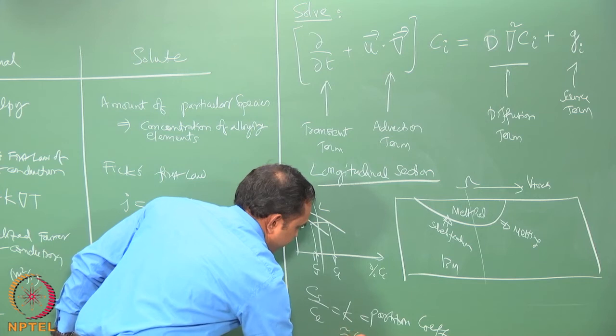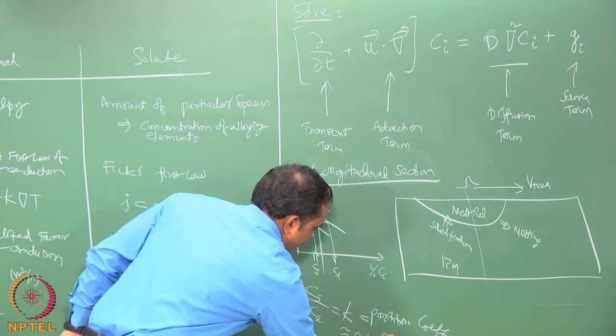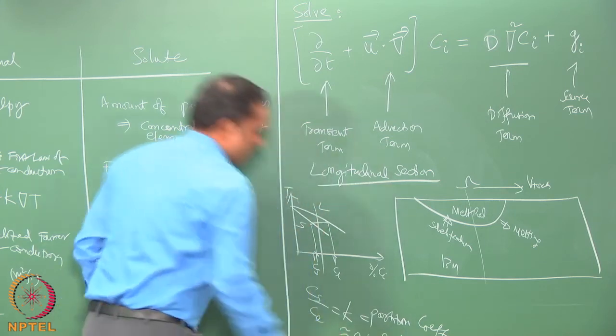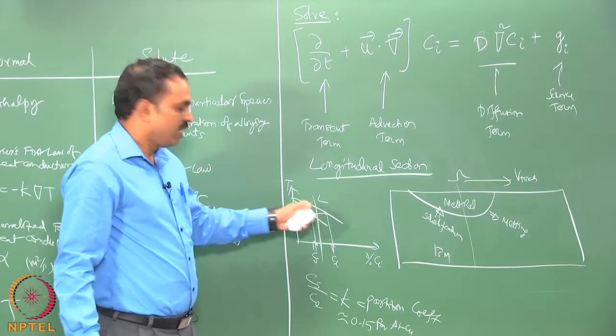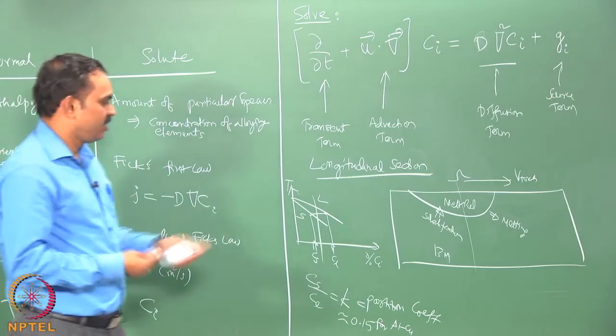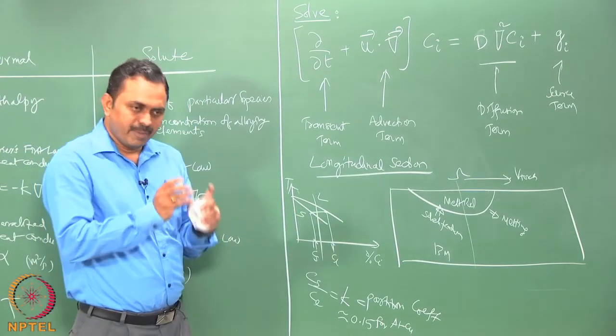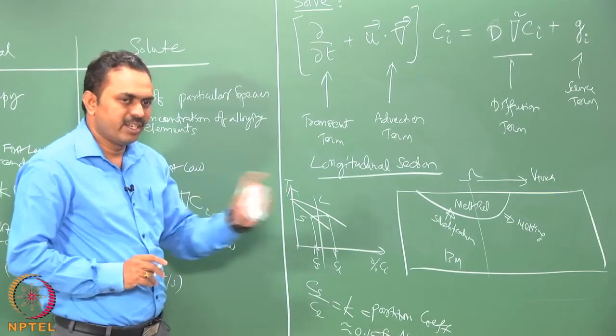Which is approximately, let us say 0.15 for aluminum copper alloys. So, essentially it means that when a solid is forming out of a liquid, entire composition is not converted as a solid, it will be only a part of it and rest of it has to be left in the liquid itself.